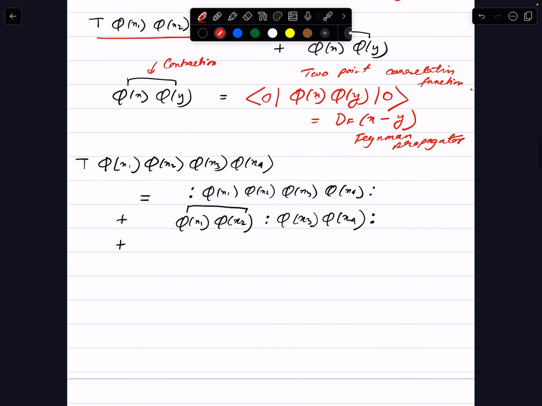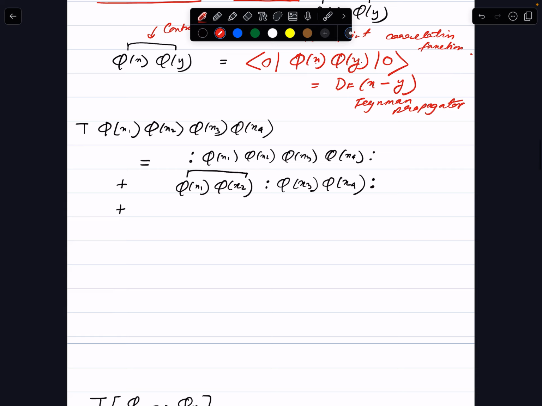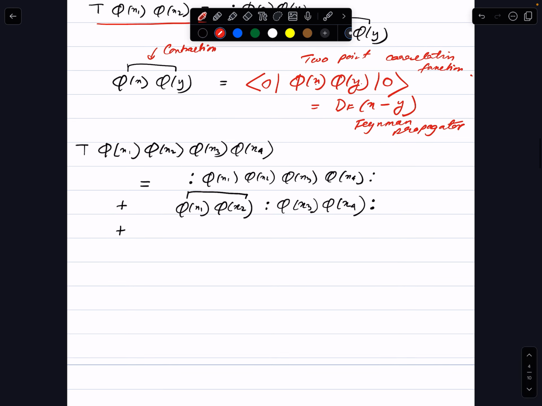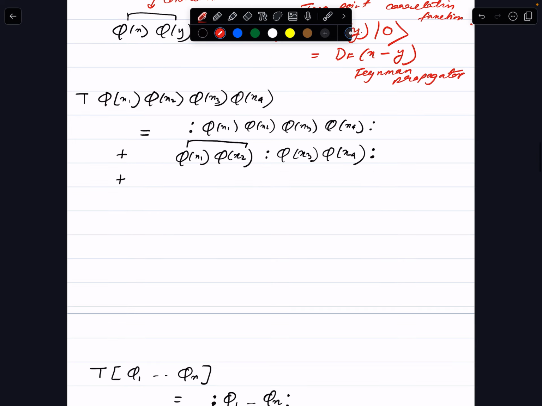For 4 points, it's very similar. So the first term is the normal ordered 4-point operator, and then you have to contract all the points. So you take any 2 points and you contract them. Suppose I take x1, x2, I contract them, and then x3, x4 normal order. Now you have to take all possible permutations of this, all possible contractions.